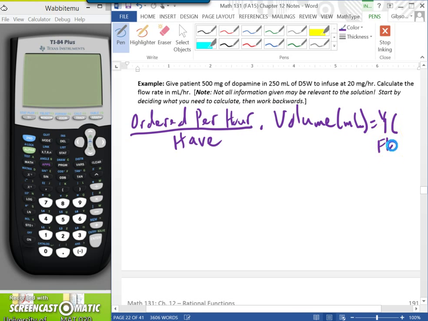This is the flow rate, and it's in milliliters per hour.